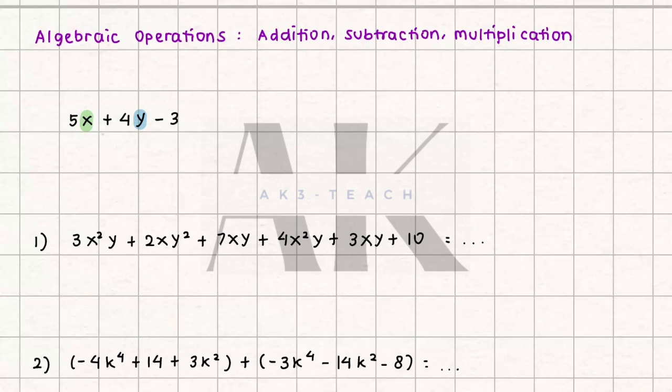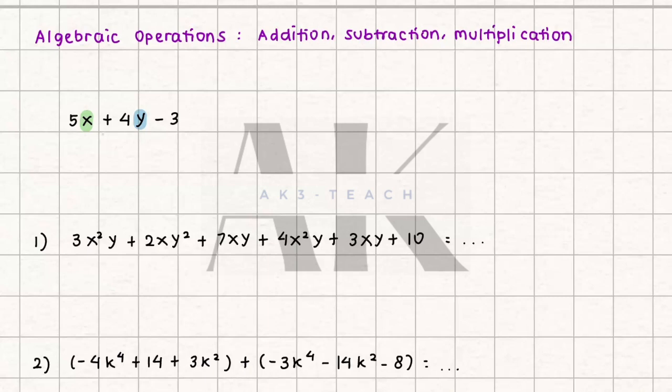X will group with other x's, and y's will group with other y's. So in this case, we have to be able to identify first what variables we have. This will be shown better in our next practice questions.